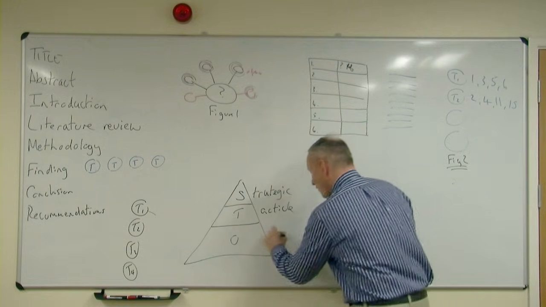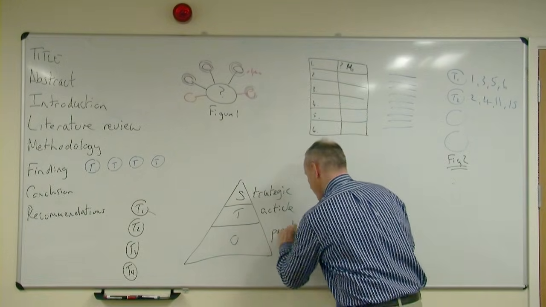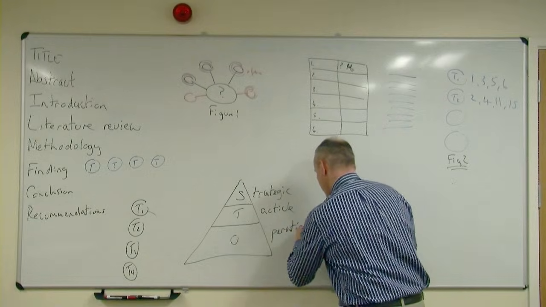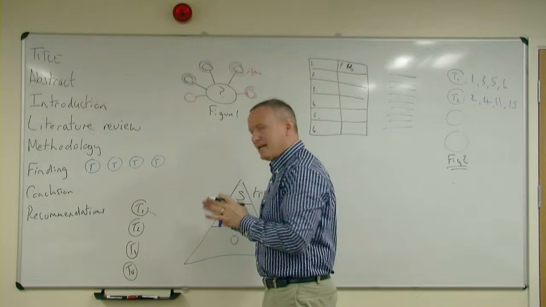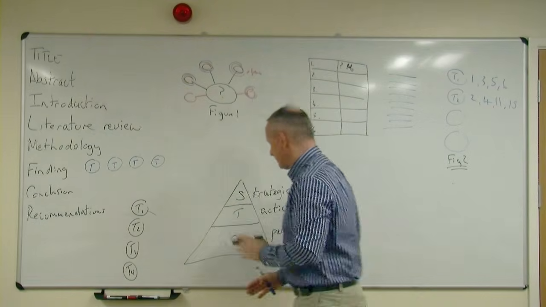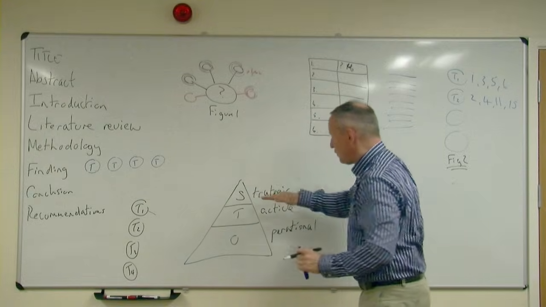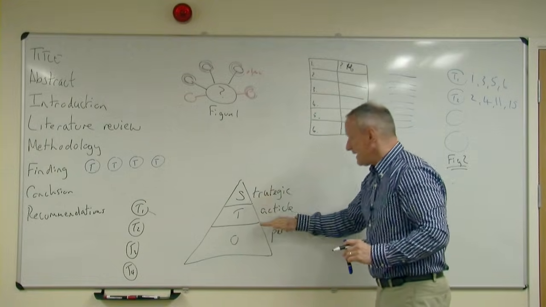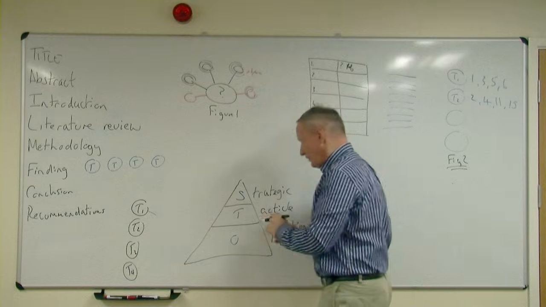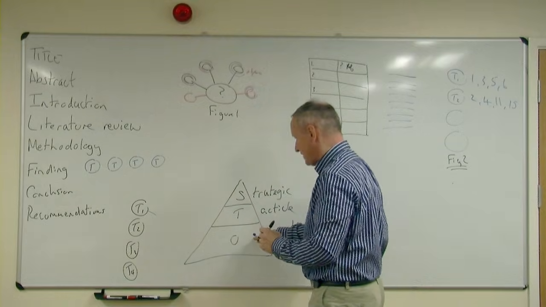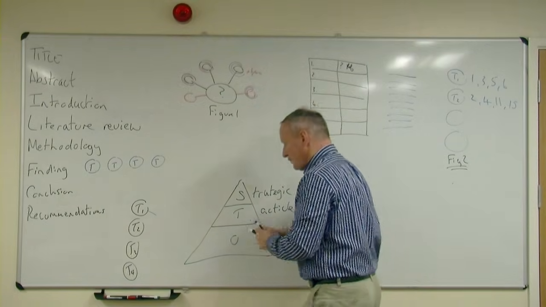O stands for operational. So what I'm doing is I'm creating a diagram where you've identified the themes. We've got the organisational structure: strategic, senior management; tactical, middle management; operational, frontline staff on the front line of the organisation.